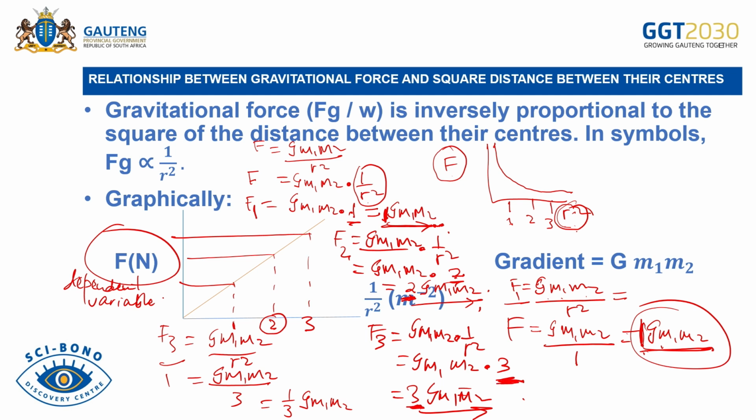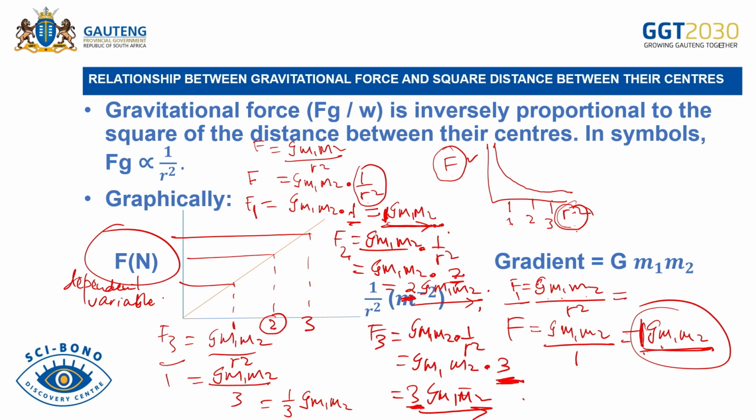So you can see that as 1 over R squared, the inverse of the square of the distance, increases, F also increases by the same factor. So, hence we say the relationship between F and the inverse of the square distance between the centers is directly proportional.